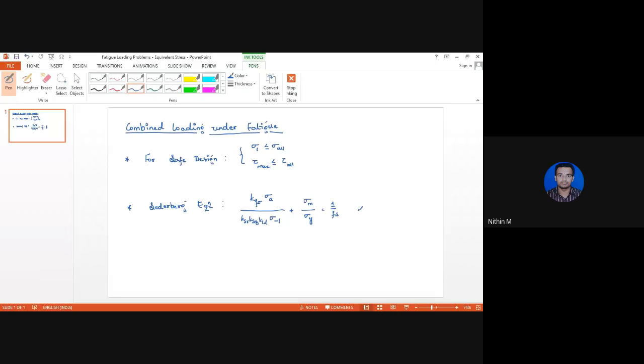Now let me multiply this equation by sigma y. So what will happen if I multiply this equation by sigma y?